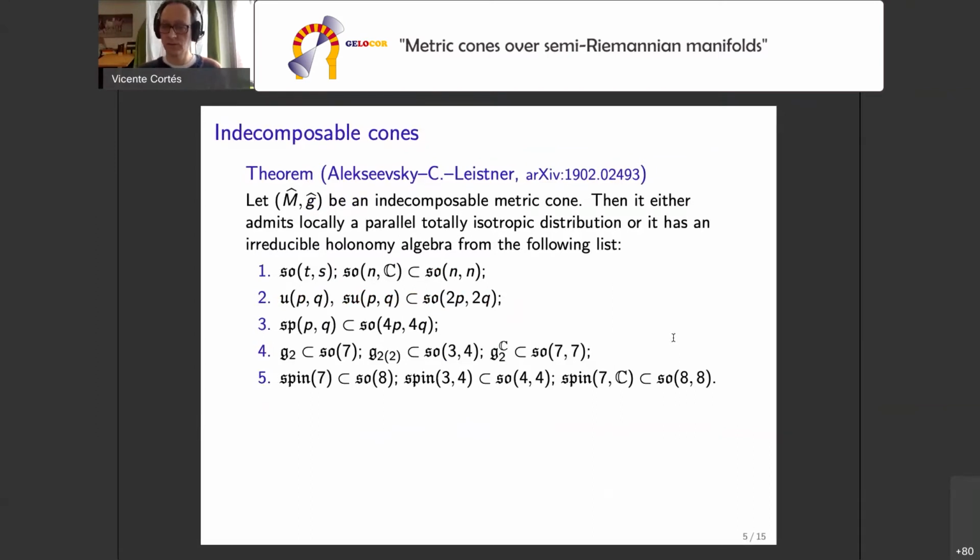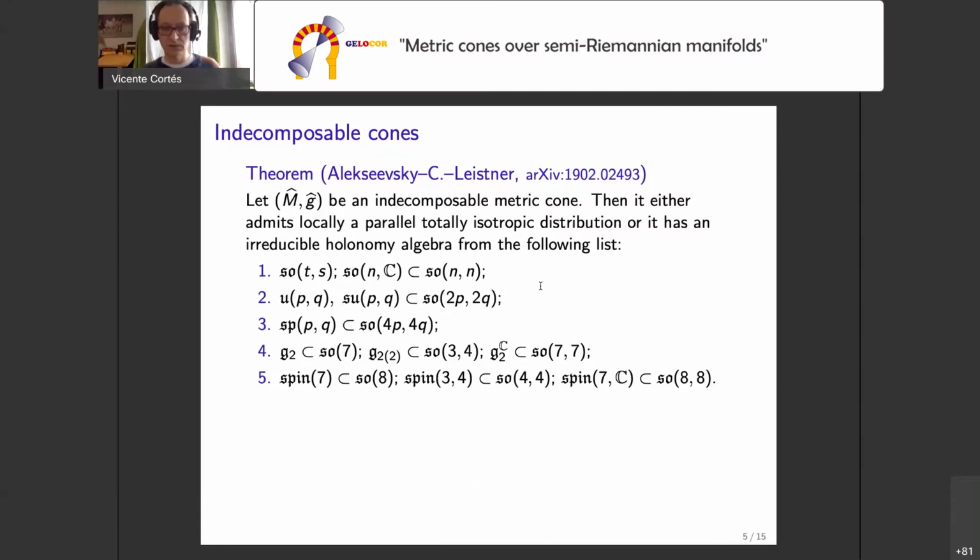So we now describe the possibilities for indecomposable cones rather than studying the decomposable case. So we consider an indecomposable metric cone, M hat. And the claim is that there are two cases. Either it admits a parallel totally isotropic distribution locally, or it has irreducible holonomy algebra. And then this holonomy algebra is from this relatively short list.